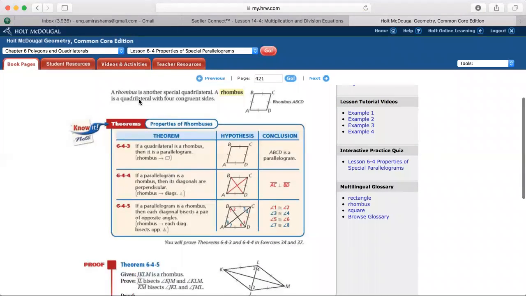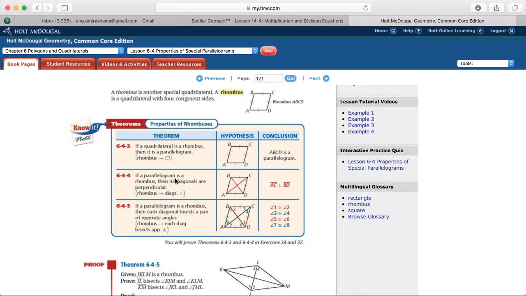Okay, a rhombus is another special quadrilateral. A rhombus is a quadrilateral with 4 congruent sides. All the sides of the rhombus are equal, like the square. The first property: if a quadrilateral is a rhombus, then it is a parallelogram.